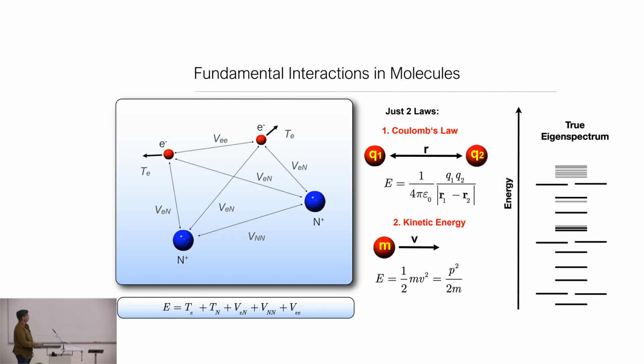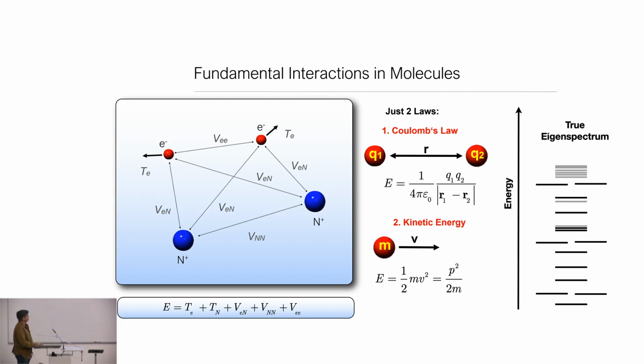That spectrum, which I've drawn here as vertical lines, is the true eigenspectrum that a molecule at a given configuration can have. These are the electronic states that can happen. And that is the one and only thing that you can observe. That is very important. It's the entire state of the molecule.